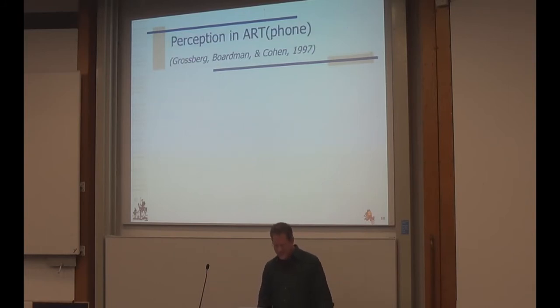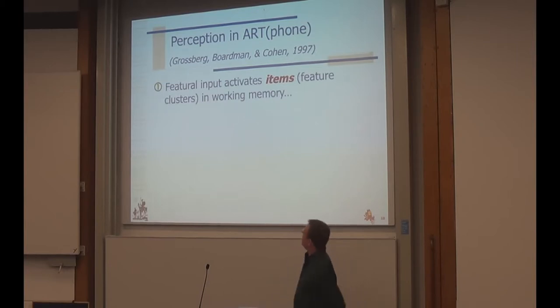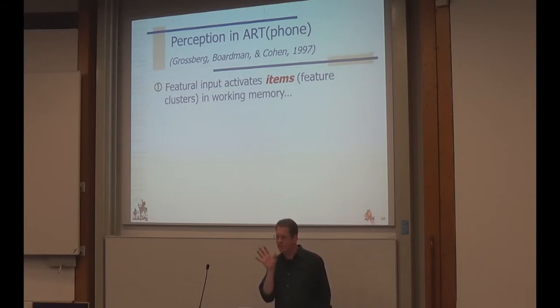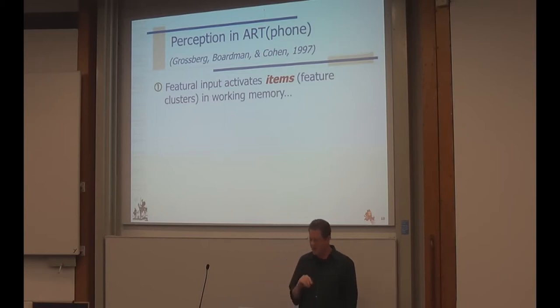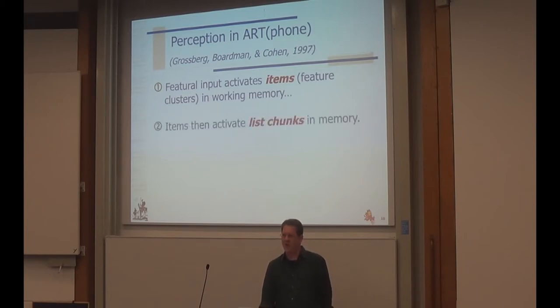So in a version of ART called ARTPHONE, you hear speech. You've got low-level features like plosives, tongue position, and vowel height, all those different phonetic features, which quickly activate items in memory. Items activate what are called list chunks.